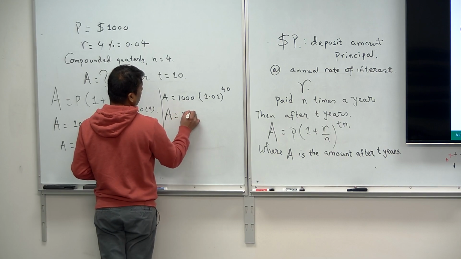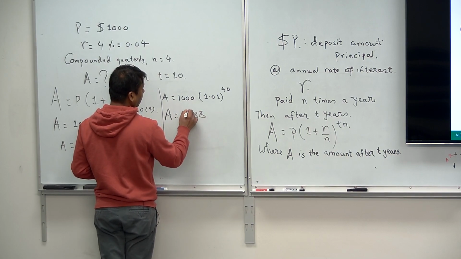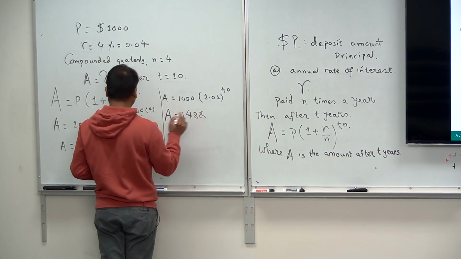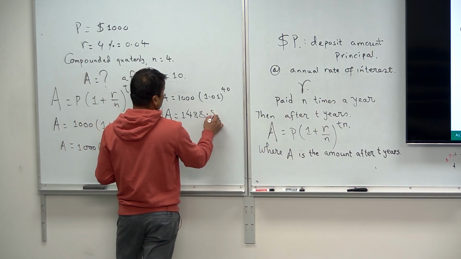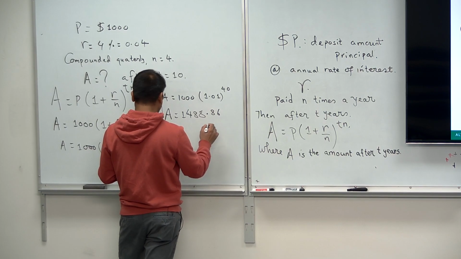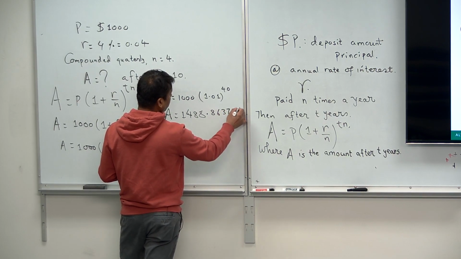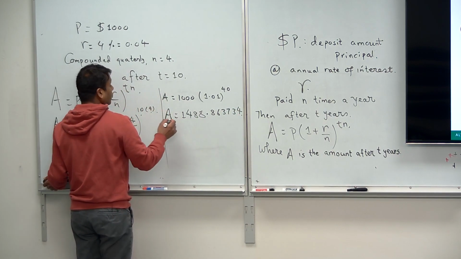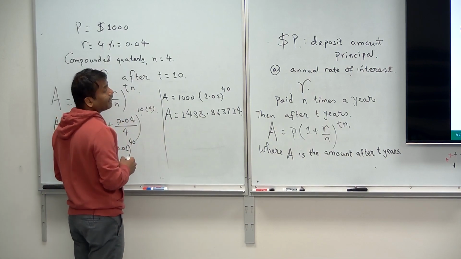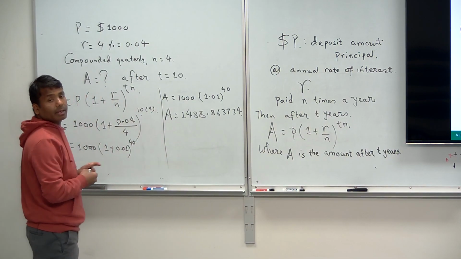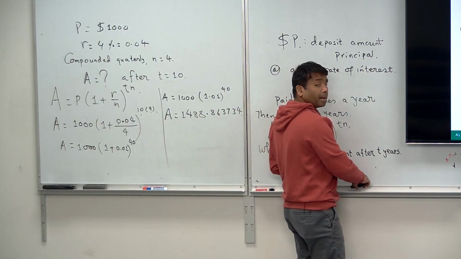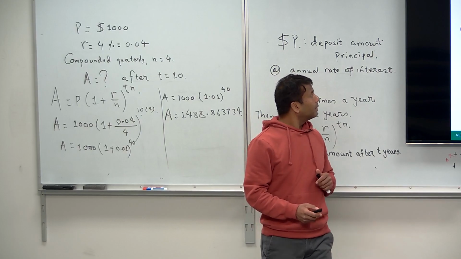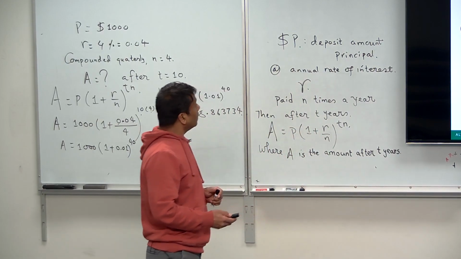So A equals 1488.863734. So this is the amount after 10 years with no withdrawals. Okay? Does that make sense? So we found the amount after 10 years.